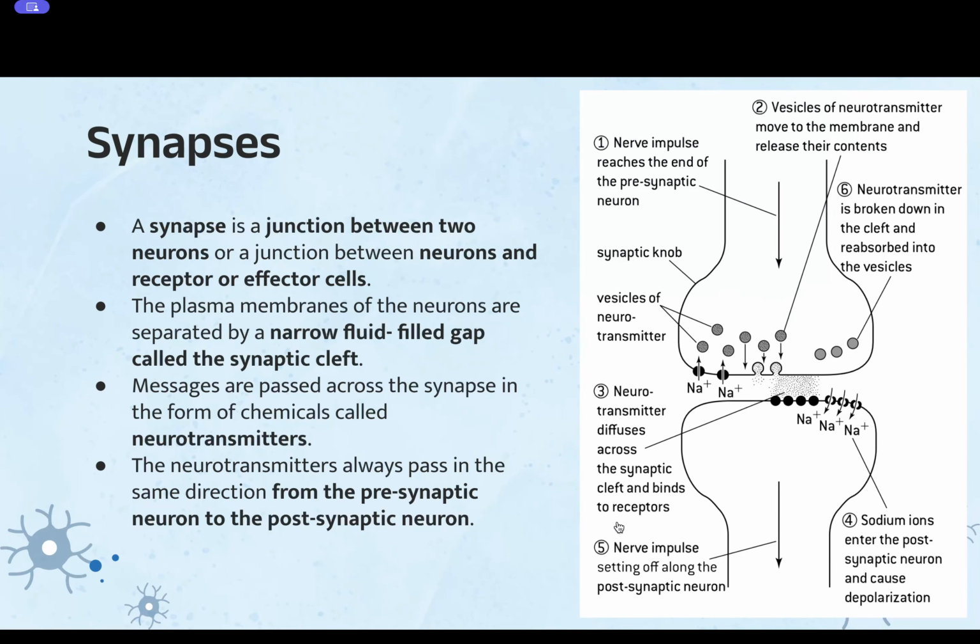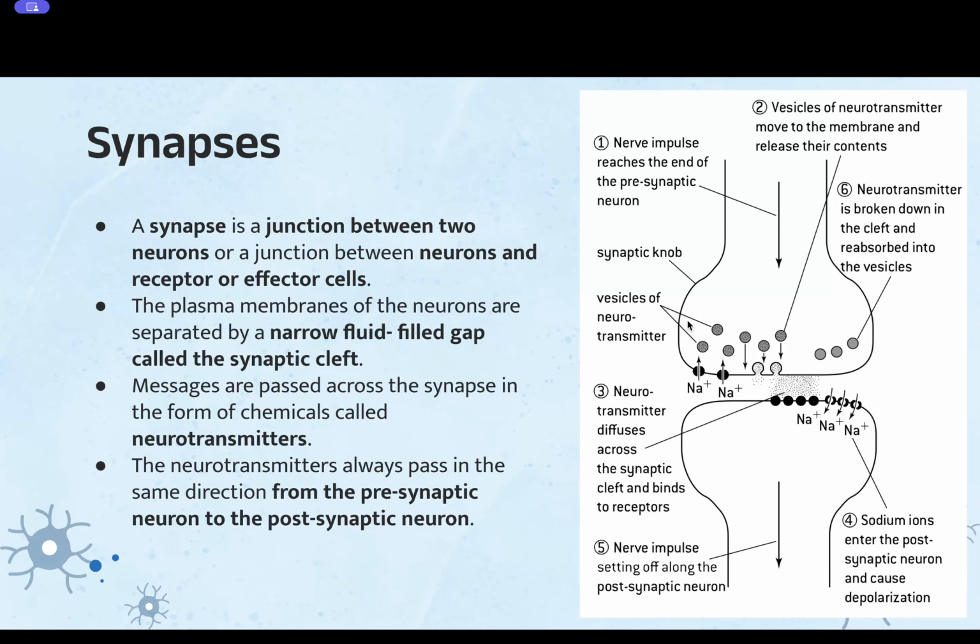Okay, so basically this is the presynaptic neuron. This is the axon terminal of a neuron, or the motor end plate, and this is probably one of the dendrites of the other neuron.